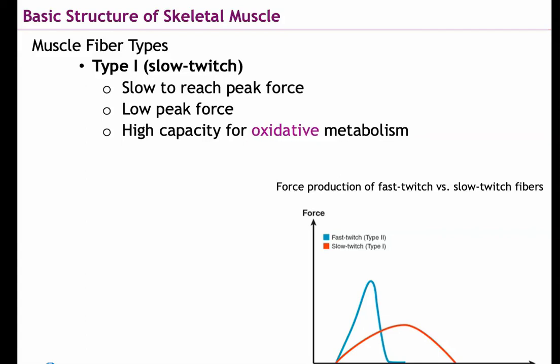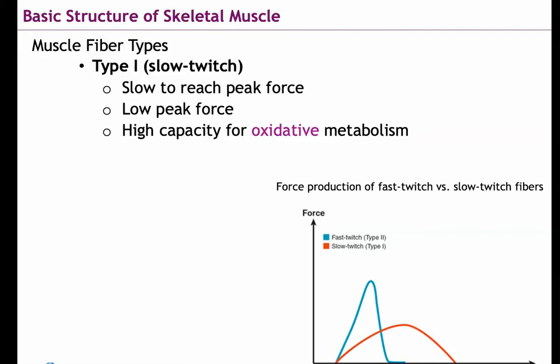This is with activation. If we activate one of the fibers, the type 2, this fast twitch, produces force really quickly in a short amount of time, whereas the slow twitch does not produce force as quickly, and it doesn't produce as much of it. So it's slow to reach peak force and low total force production.